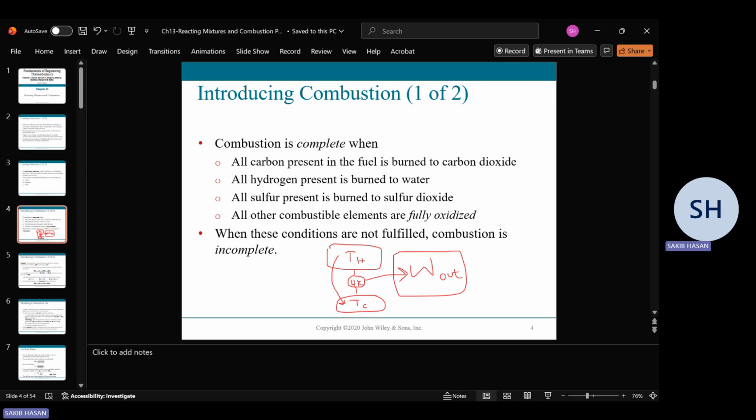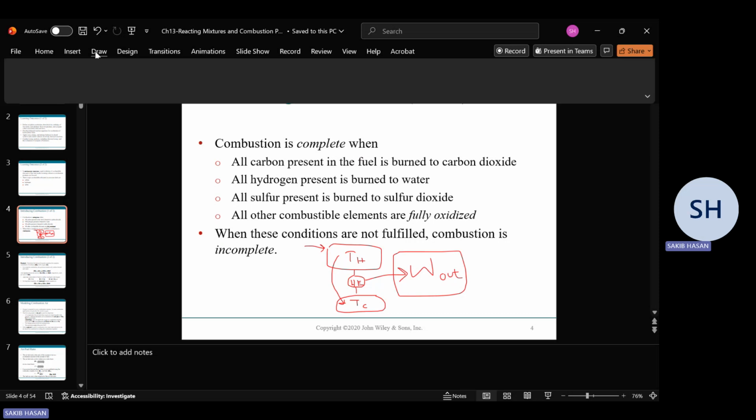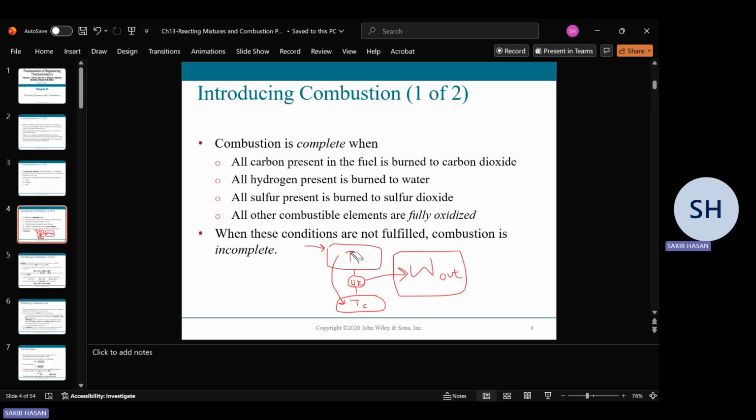Now, in practice, we don't really have a magical hot reservoir from which you can tap into and get a bunch of energy. So instead, you need to generate the heat by some sort of external source.